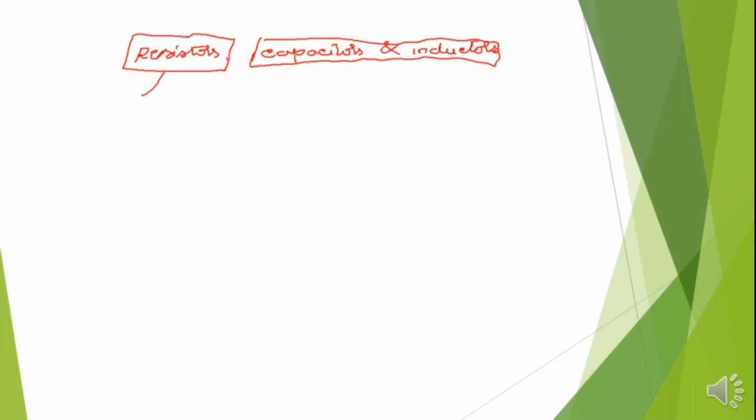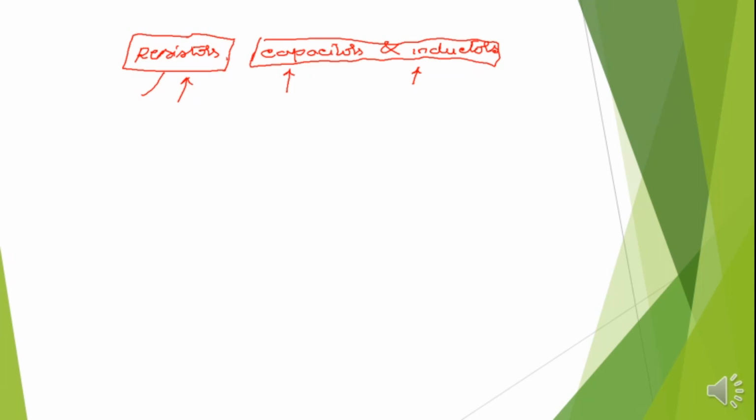So it is very important to study the behavior of the network, and of each and every individual element. What happens when the switch is closed or open when there is a resistor?